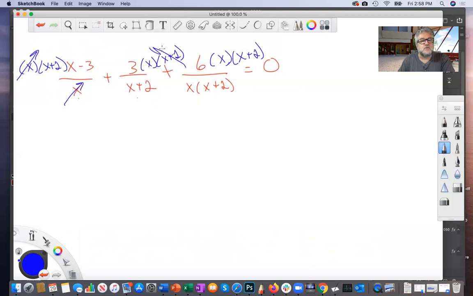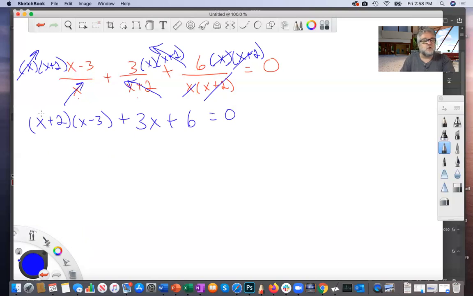Okay, x plus 2, x plus 2, and these both go away. So we end up with x plus 2. Let me go a little higher because we're going to run out of room. X plus 2 times x minus 3 plus 3 times x plus 6.